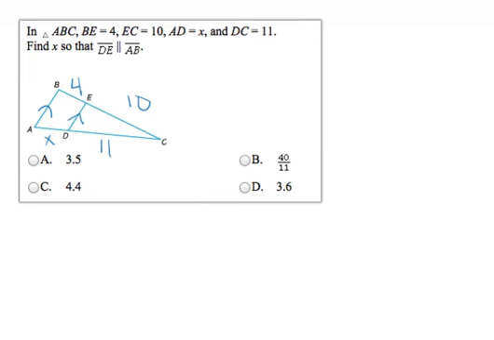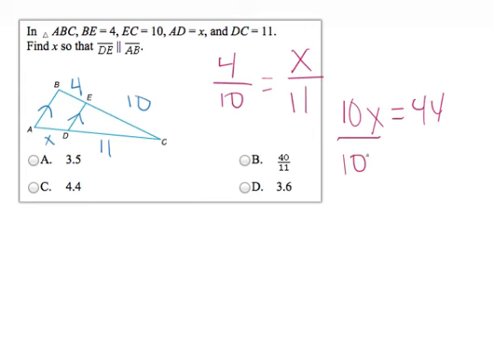So we're going to go BE, the top, small to large, and we'll set that equal to the bottom segment, small to large. Okay, cross multiply, we get 10x equals 44, divided by 10. And this is going to become 4.4 equals x.